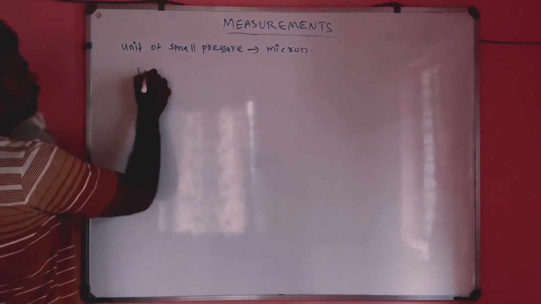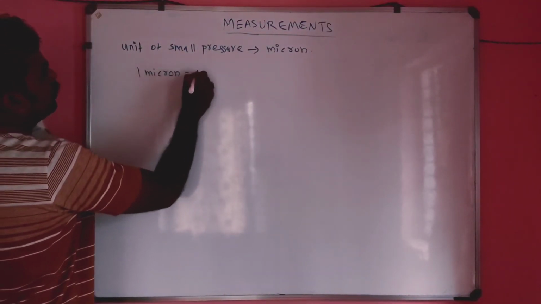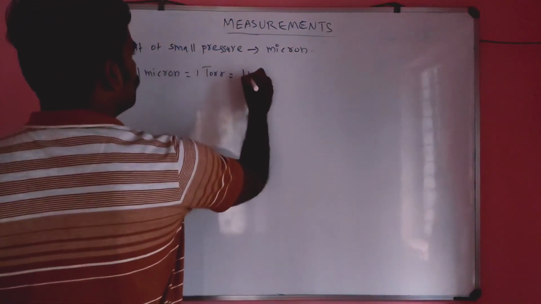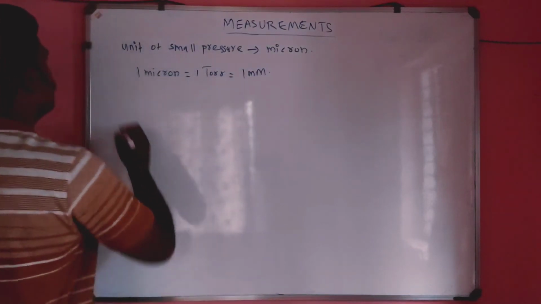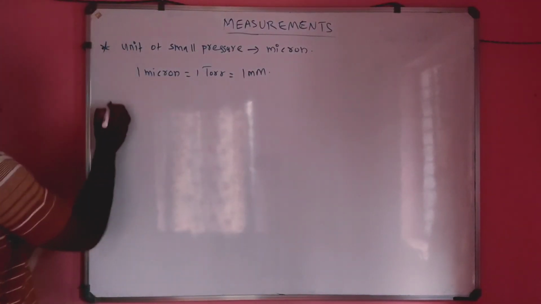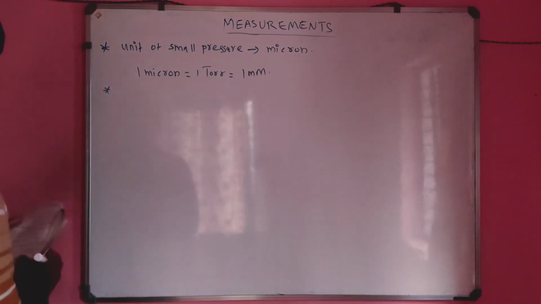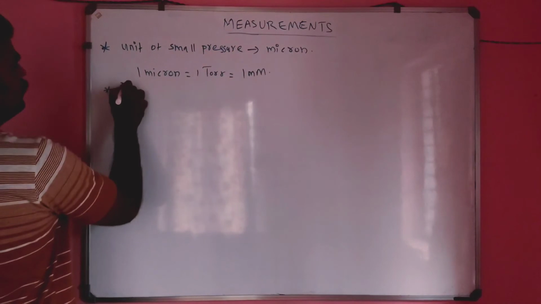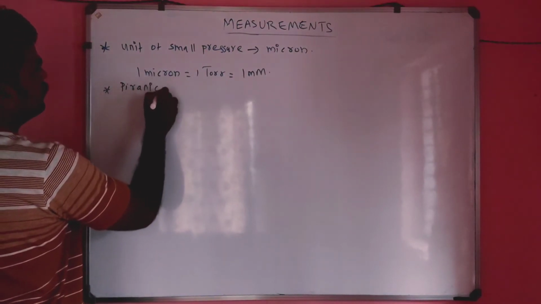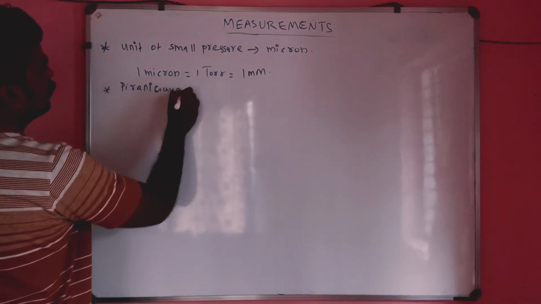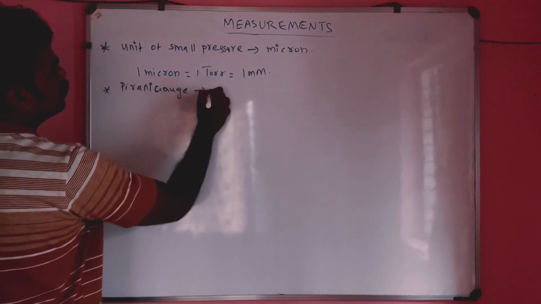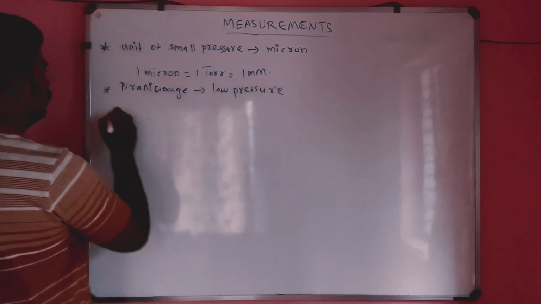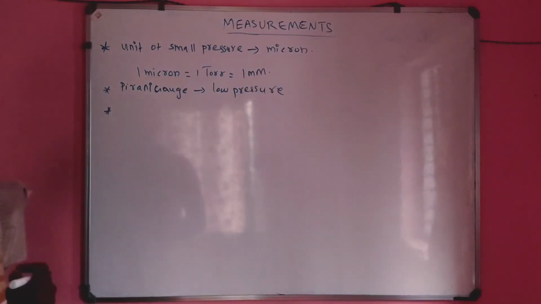That is 1 micron equal to 1 torr equal to 1 mm. This you have to note. And Pirani gauge, there is an instrument called Pirani gauge used to measure low pressure. What it is used for? For measuring low pressure.